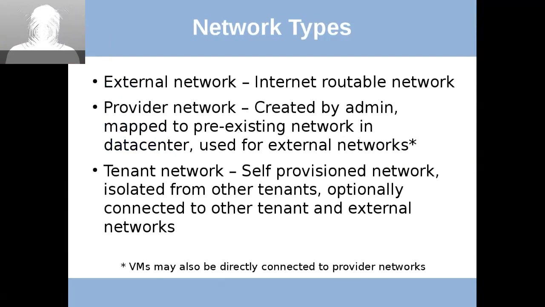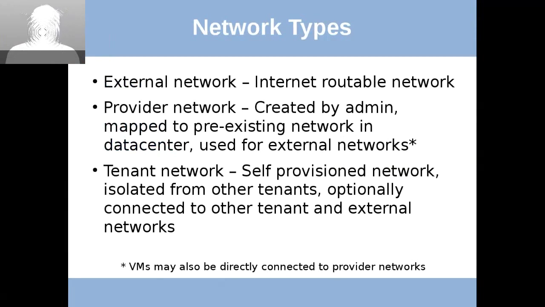Also, if you're not as interested in the idea of a tenant network, which we'll talk about in a second, you can just connect VMs directly to provider networks. That's kind of a more traditional networking topology, but we won't be talking about that. The third kind of network is a tenant network. A tenant network is something that a tenant can create on its own, right?